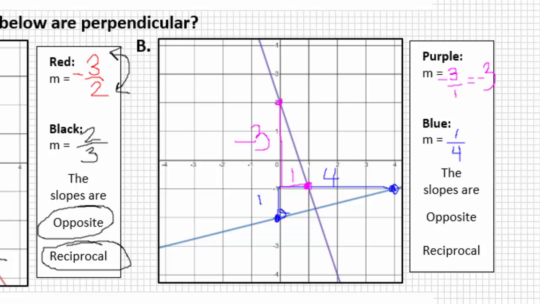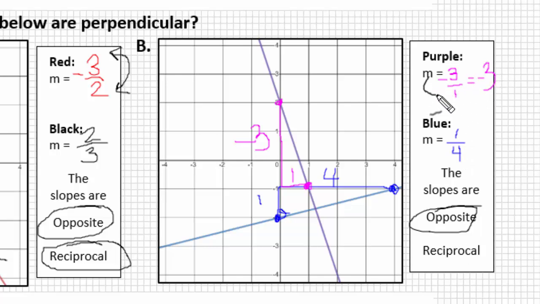So now let's compare the slopes. Are they opposite, meaning is one positive and one negative? Yep, the purple line is negative and the blue line is positive, so they are opposite. Are they reciprocal?